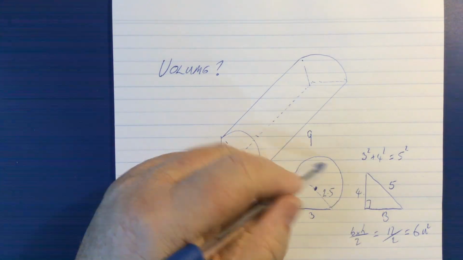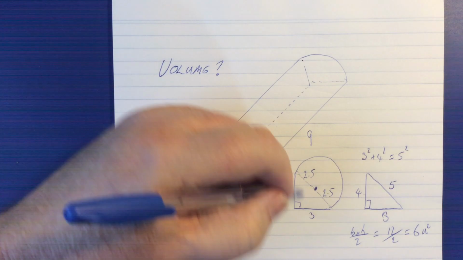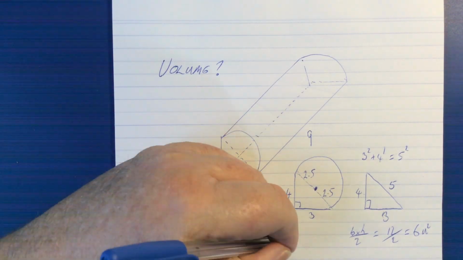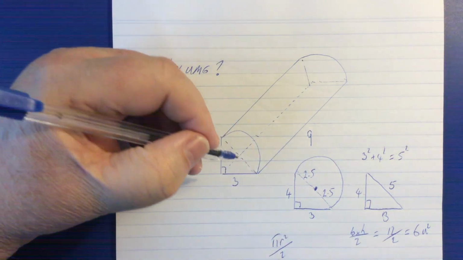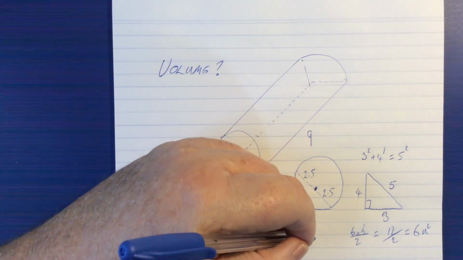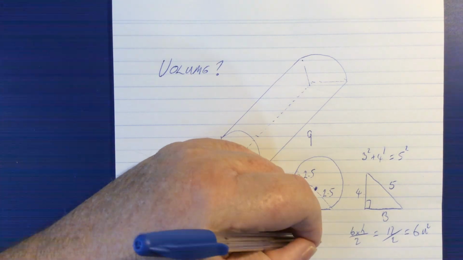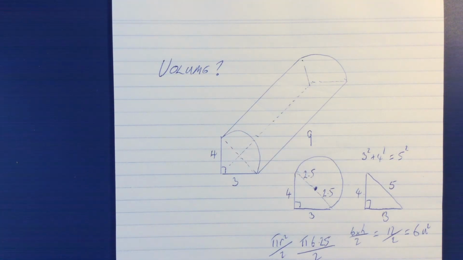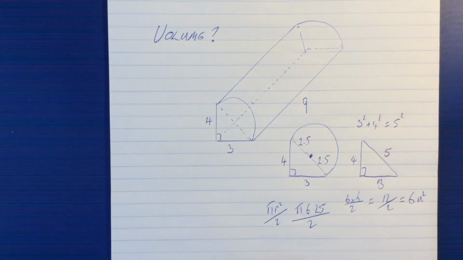Now we're going to figure this one out. And this is a semicircle, so it's pi r squared divided by 2. So that is pi times 2.5 squared, which is 6.25, and we're going to divide that by 2. So it's out with the calculator for that one.